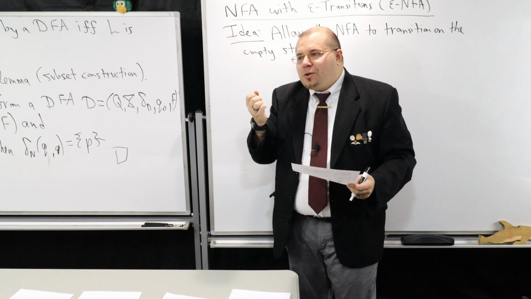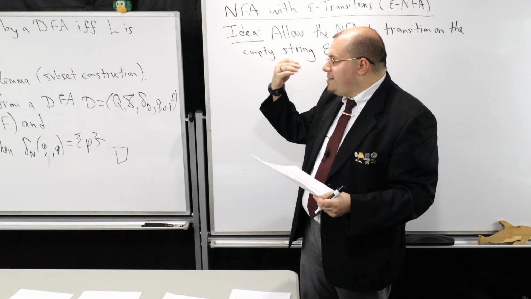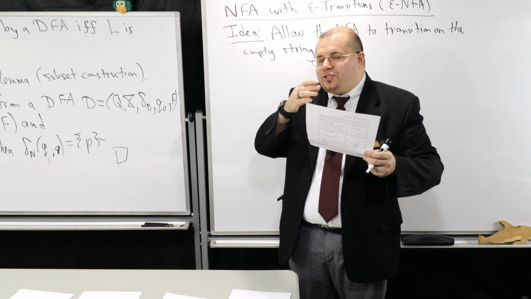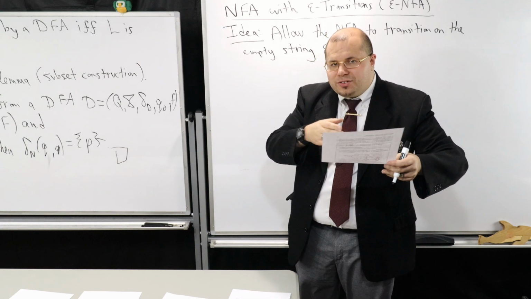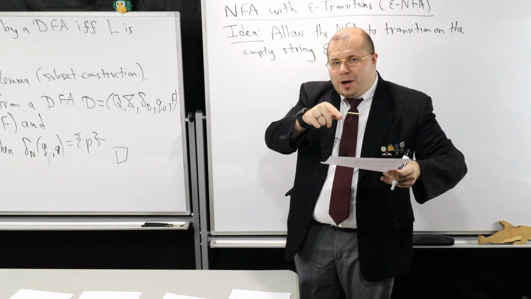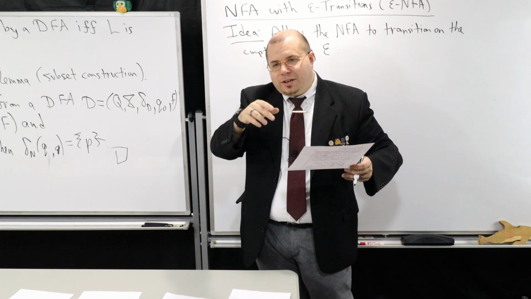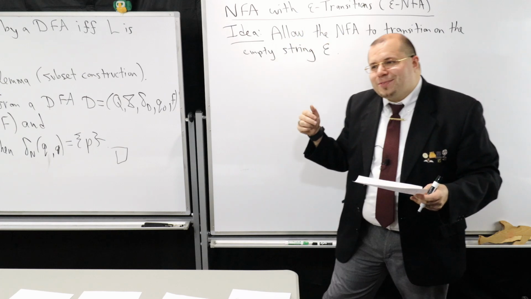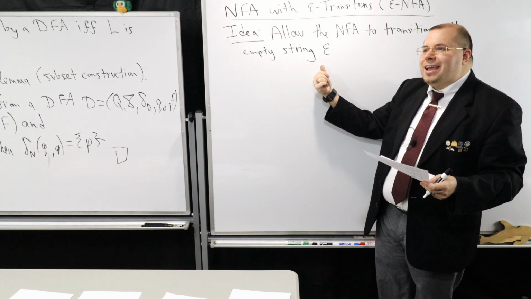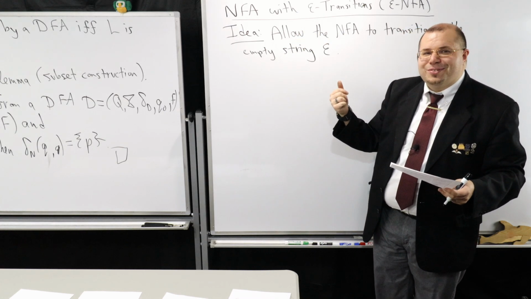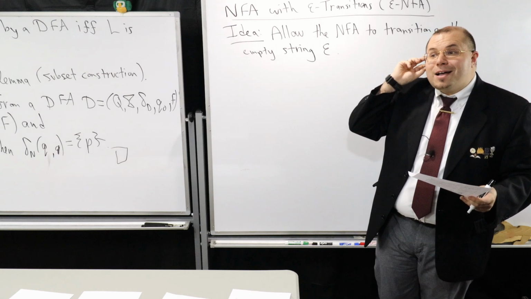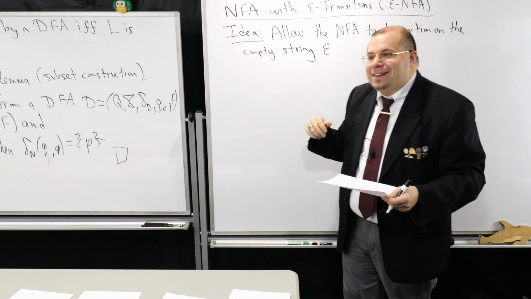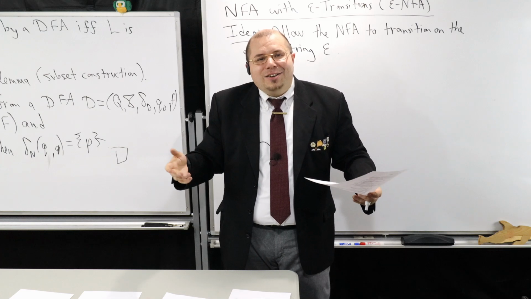So remember, when we did the NFA, I transitioned from a set of states to another set of states, but I did it by moving along, looking at the transition on that symbol. But what is epsilon? Epsilon is a string with no symbols in it, right? What can happen when I do my transitions?